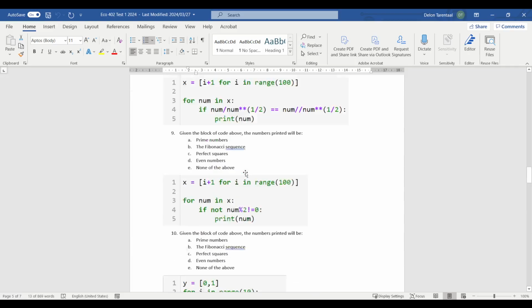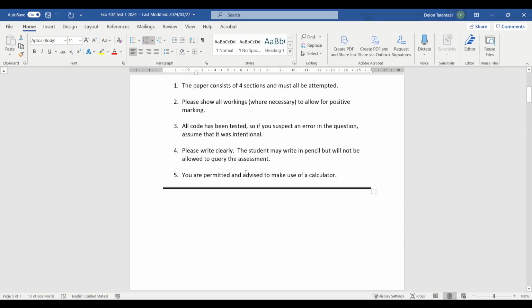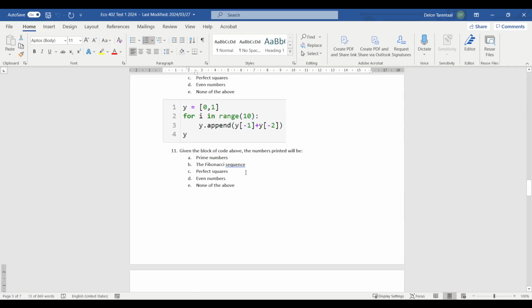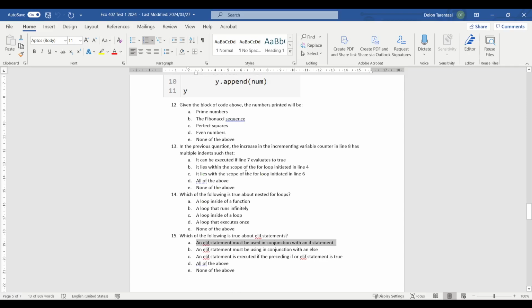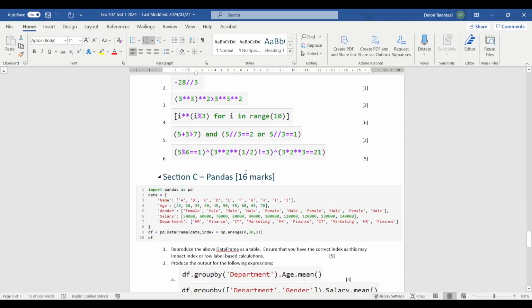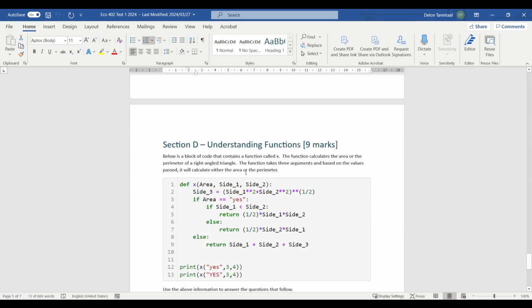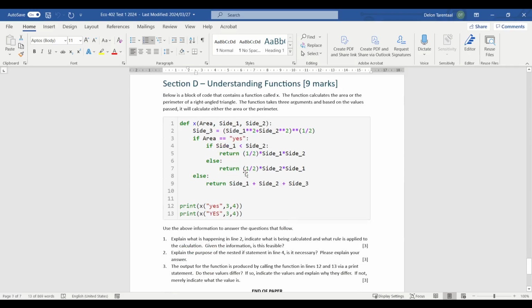It's 20 and 15. That's fine. Are you fine with those weightings? Okay, let me quickly do section D and then we can leave.